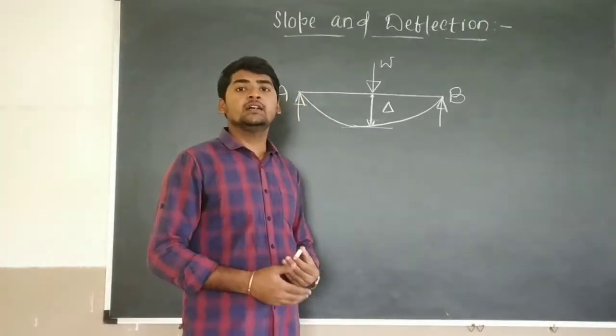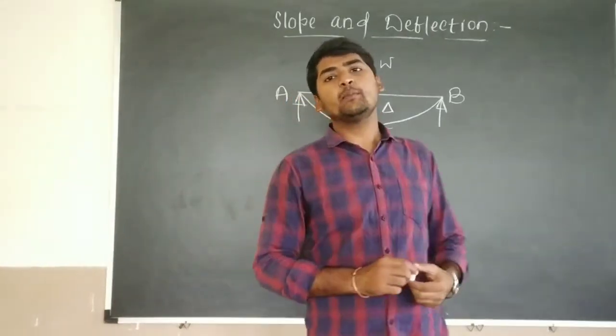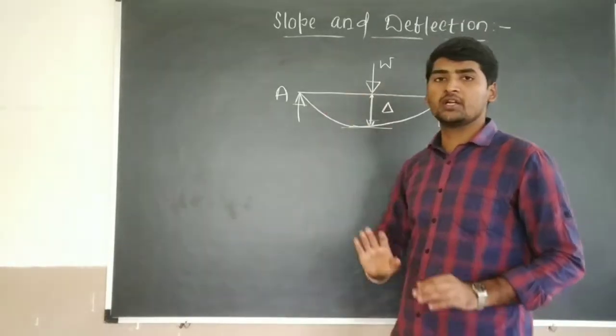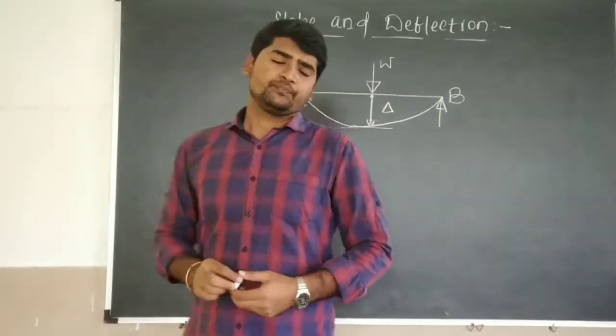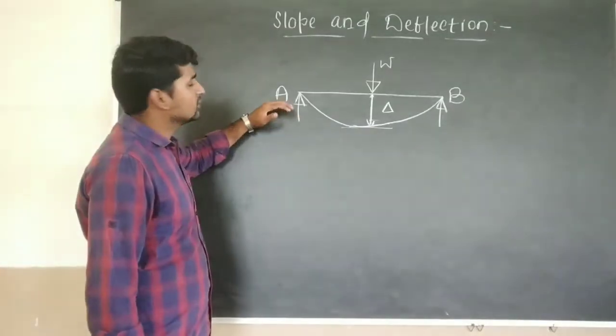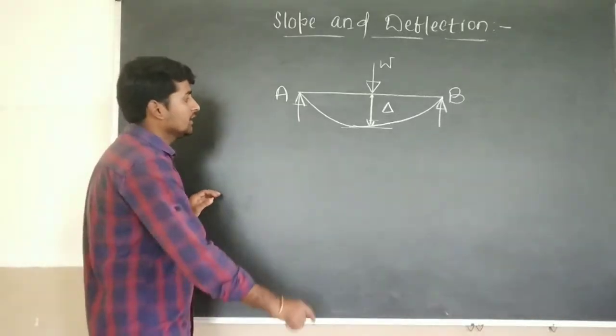Now we will discuss the slope. Slope is nothing but the angle made by the tangent drawn to the deflected shape with the actual position of the beam. Suppose I have to find out the slope at point A. How will we find it?